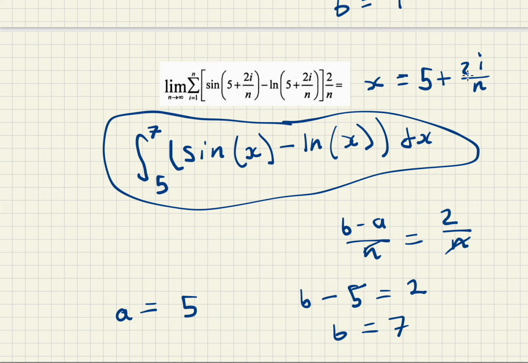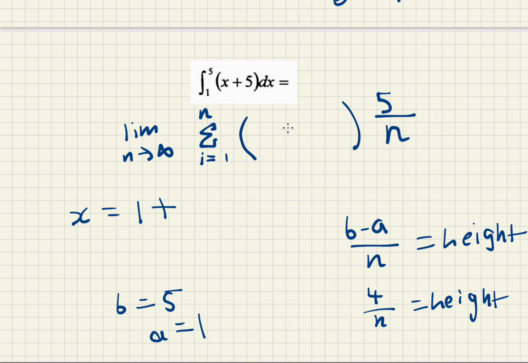How do we find this constant? Like, the a value is 5 in this case, right? But how do we find the constant that is attached to i over n? Well, that's easy. The constant that is attached to i over n is just b minus a, which is 5. And that's going to be true for all definite integrals.